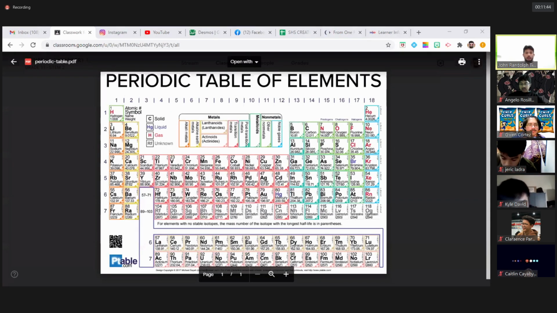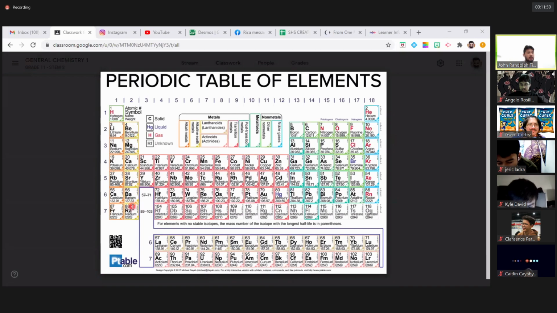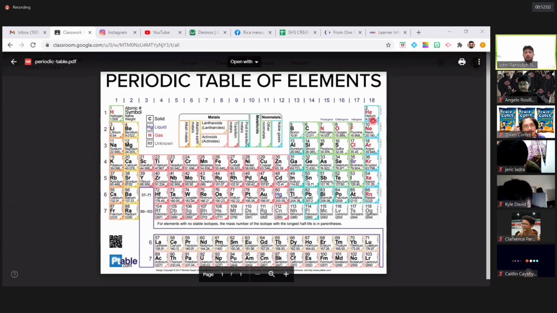Let me highlight. Okay, here. This is group 1 here, group 2. Okay, hydrogen group 1, beryllium group 2. To tell us the number of valence electrons, boron group 3, carbon group 4, nitrogen group 5, group 6, oxygen group 7, fluorine group 8. Dito ang helium, all the noble gases. Diba? Complete naman yung outer shell nila dito.